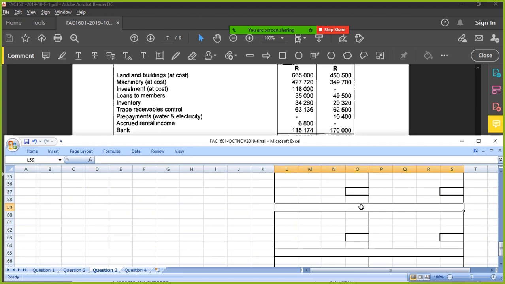This is prepaid water and electricity. Then I'll need the water and electricity expense. So the prepayment for water and electricity was 10,4.